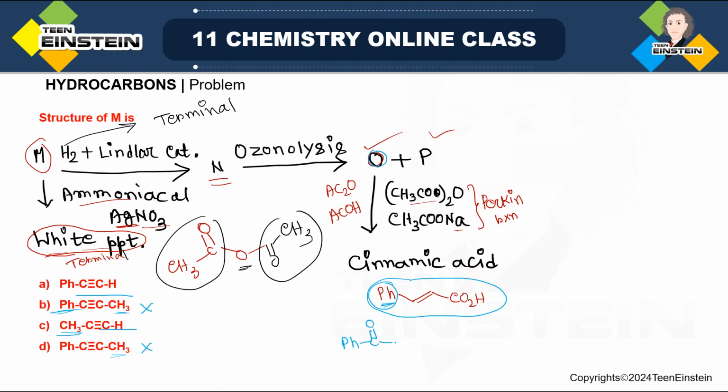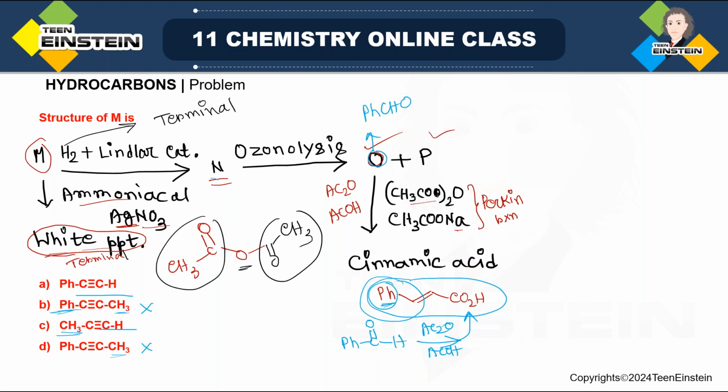You have benzaldehyde, and in presence of this Ac2O and AcOH, there is formation of cinnamic acid. That means this part is coming from PhCHO. So this O must be the compound benzaldehyde, PhCHO.